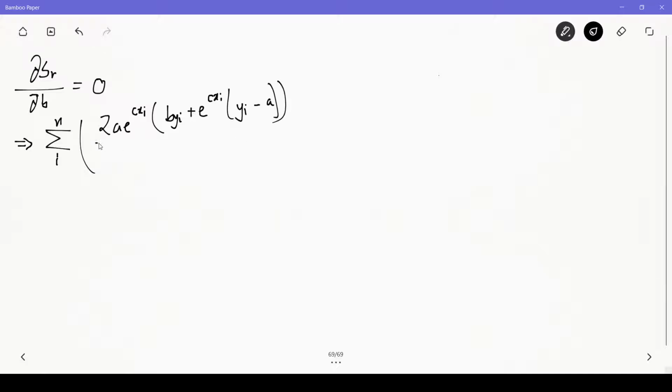This whole thing at the numerator, and at the denominator we have e to the power cxi plus b whole cube. This whole thing is equal to 0.